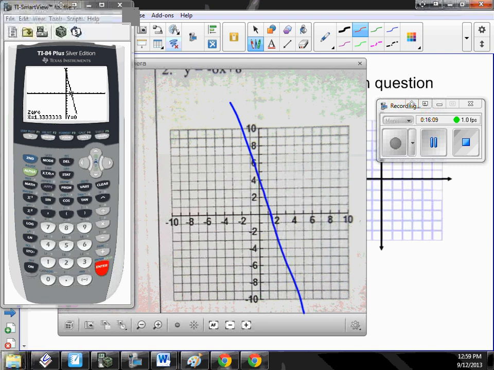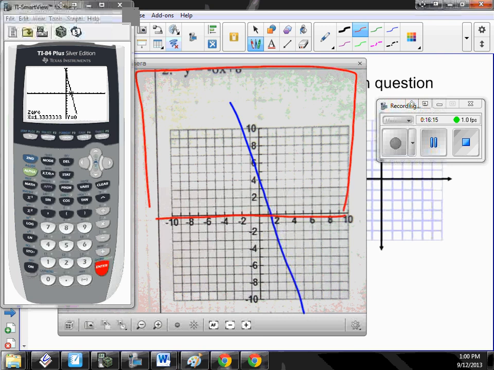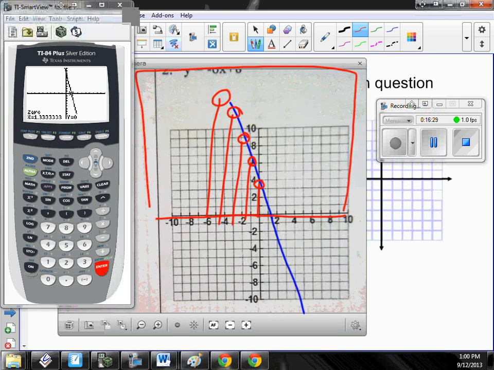If I look at the top half of the graph, so that portion of the graph, if I were to trace that graph down to the x-axis, so from here down to the x-axis, okay, those x values are the numbers that give me positive values on the graph. So I have x values and I have y values. And I'm asking which x values give me positive y values. And to find those, I just go from the graph and go straight down to the x-axis.